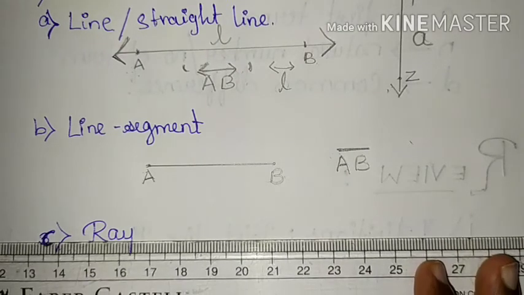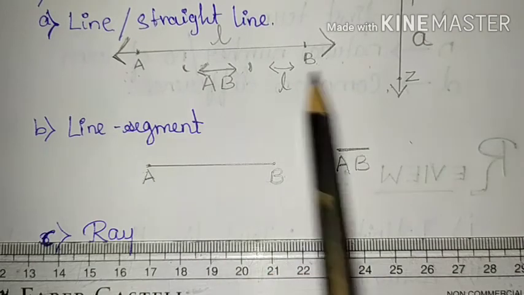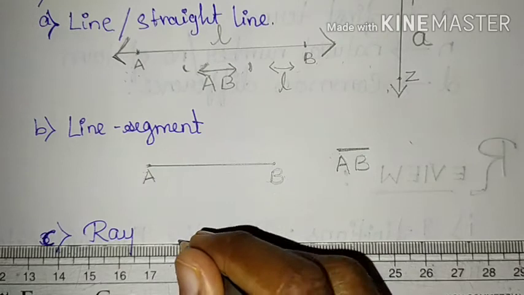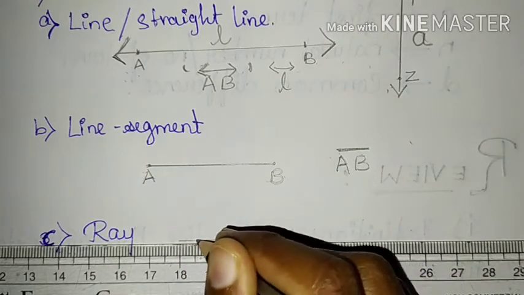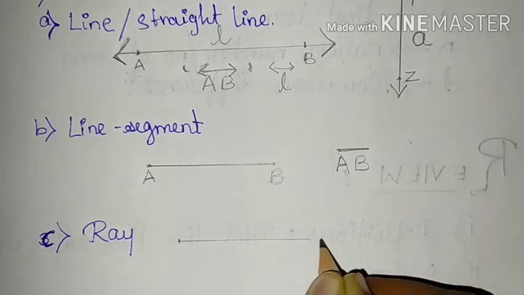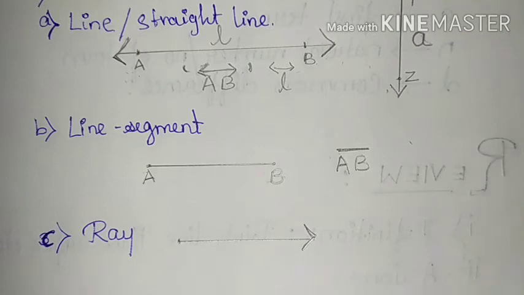Rays can only be extended in one direction, whereas lines can be extended in two directions. So here a ray is a straight line which has one endpoint and it can be extended in the other direction.